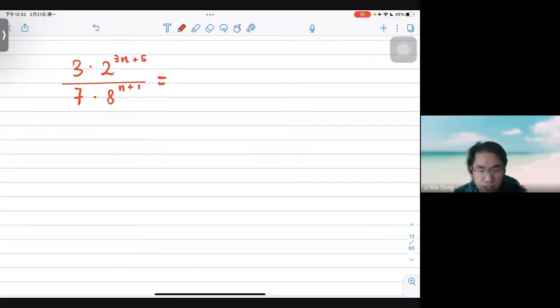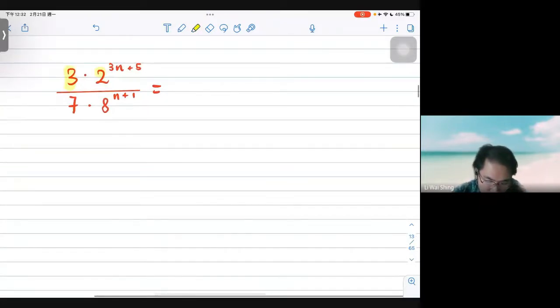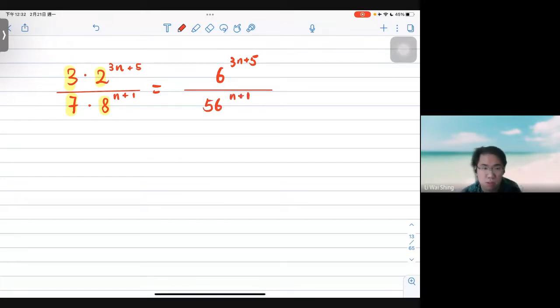So for this example, you can see that we have 3, 2, 7, and 8 as different bases. First, 3 times 2 is 6, to the power 3n plus 5. 7 times 8 is 56, to the power n plus 1.